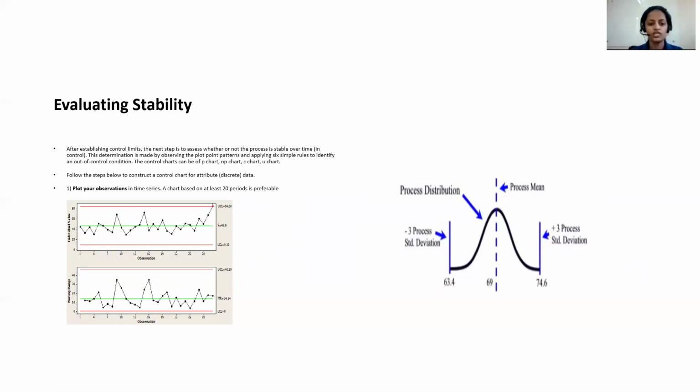We need to plot the data in such a way that we have at least a minimum of 20 intervals of data points, and then with those data points have these control limits defined. The upper control limit and lower control limit can be calculated from the Minitab statistical software for the process control charts for the defined variable data or the continuous data.